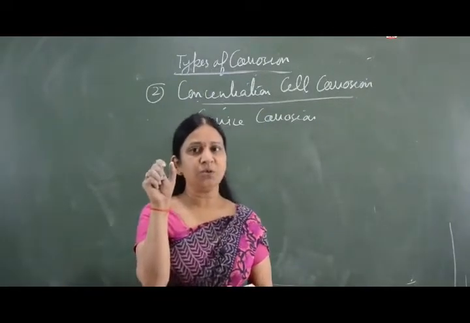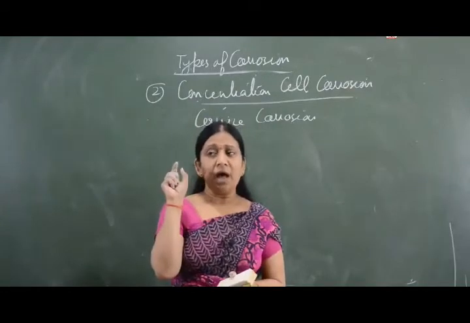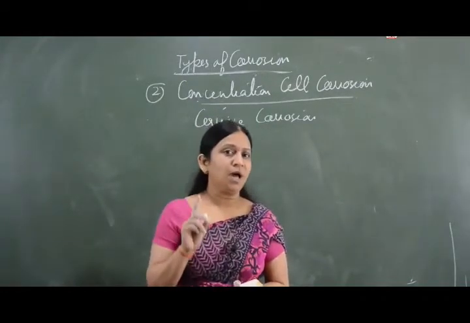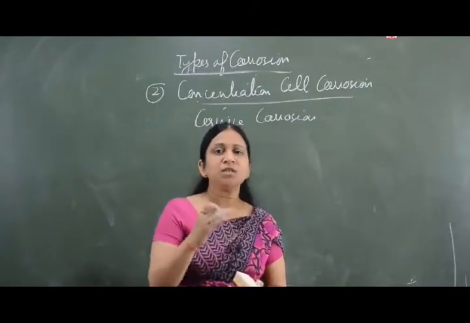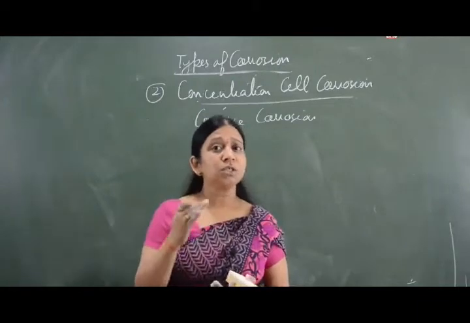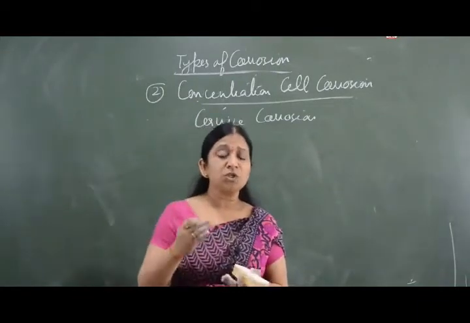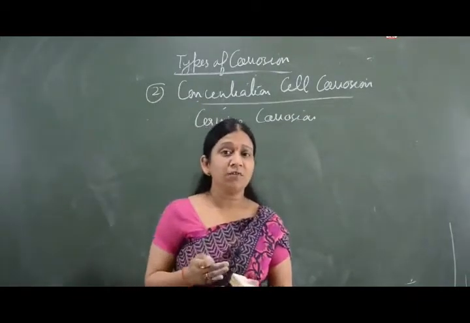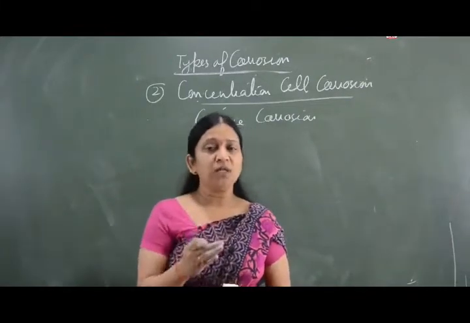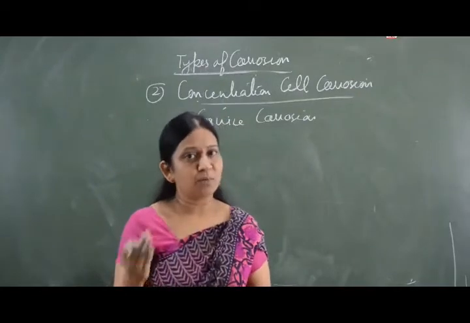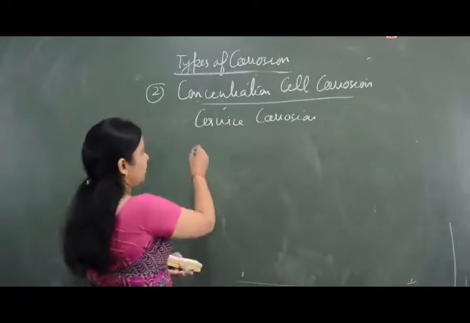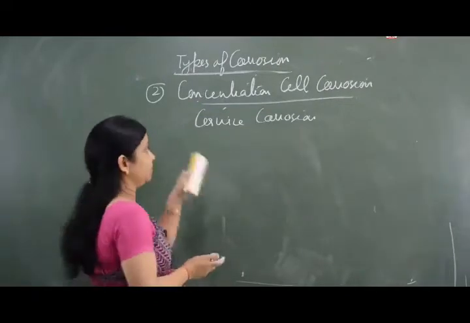So a crevice is created, an opening is created, and if this crevice comes in contact with moisture, then the supply of oxygen is cut off. And when the supply of oxygen is cut off, it starts behaving as anode, and the other part of the metal behaves as cathode. So once the cathodic and anodic areas are separated, an electrochemical cell is set up. So this is crevice corrosion.